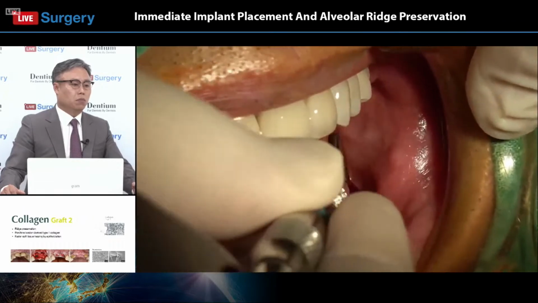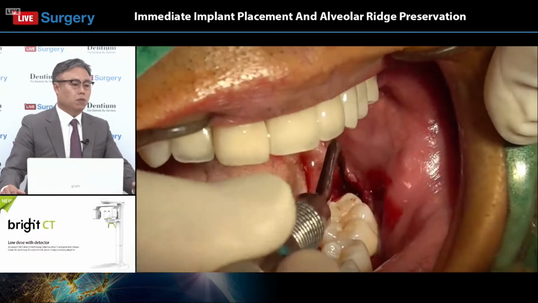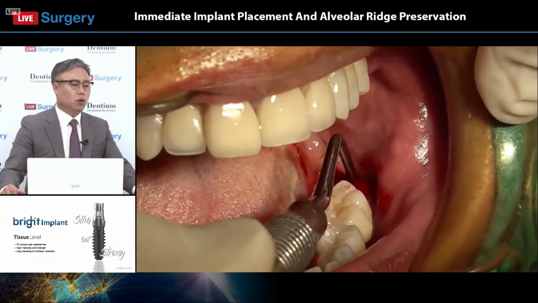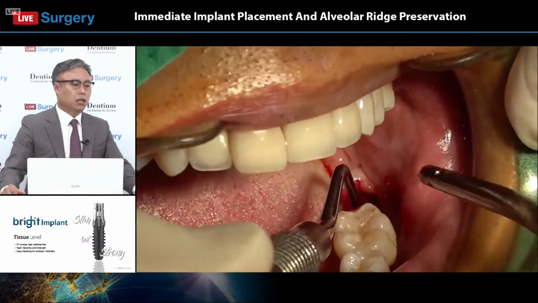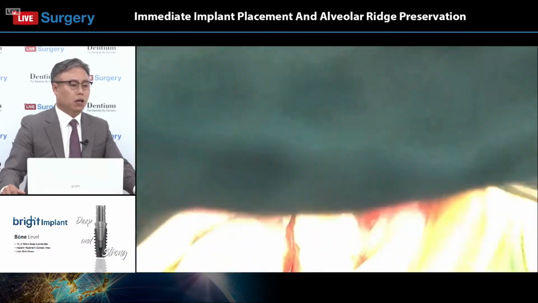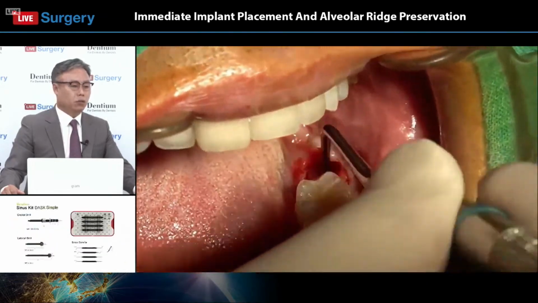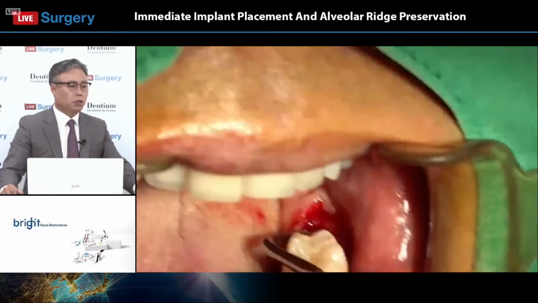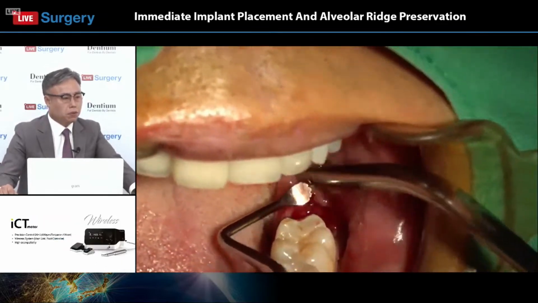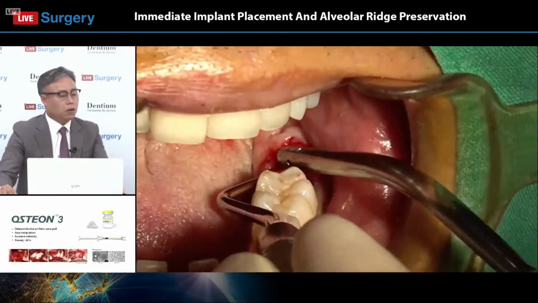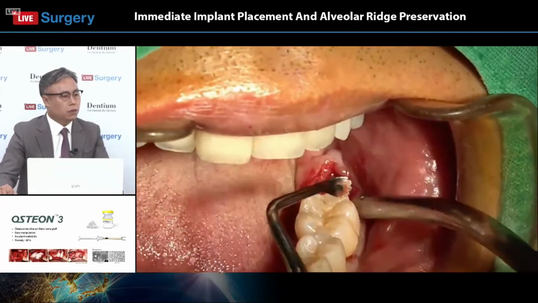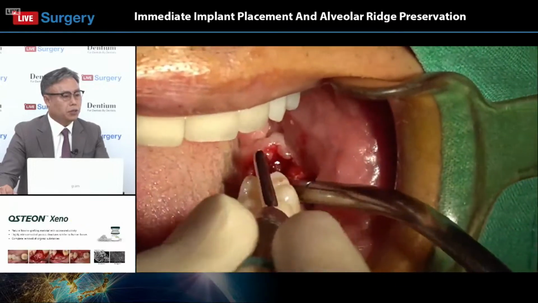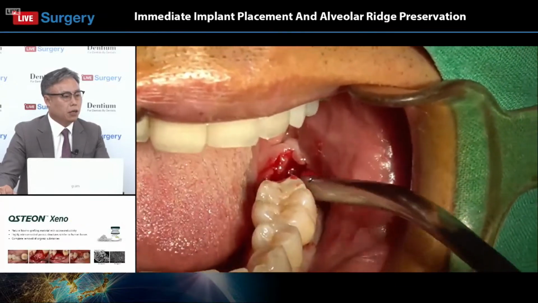He's also using a curved surgical curette, which is good for adaptation to the buccal side and lingual side.